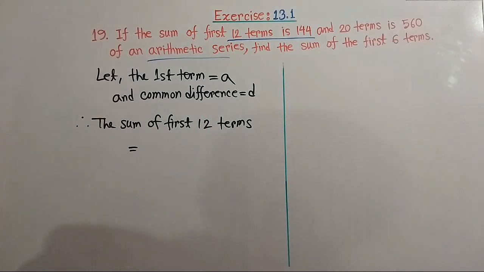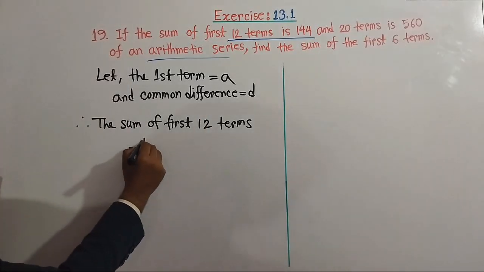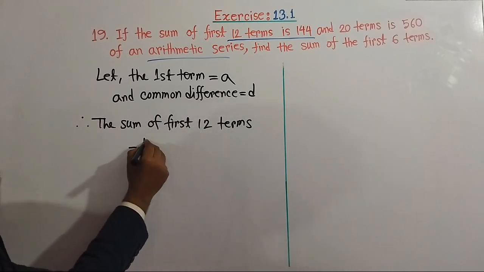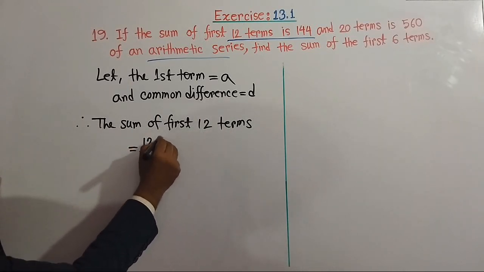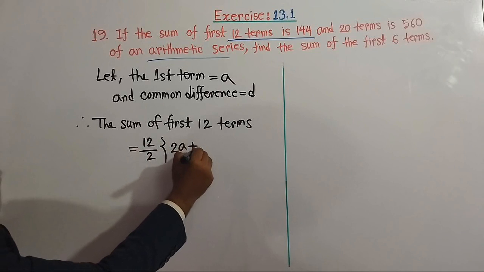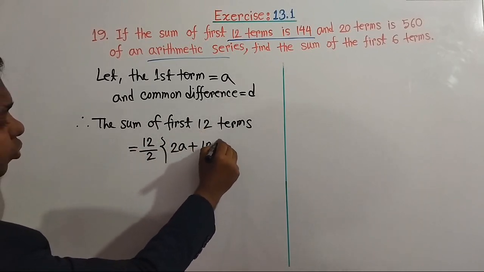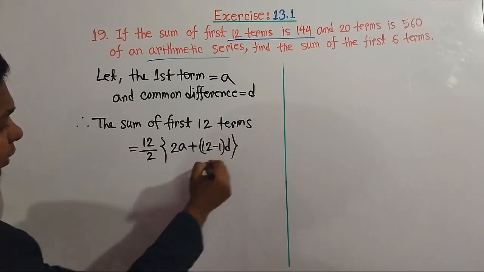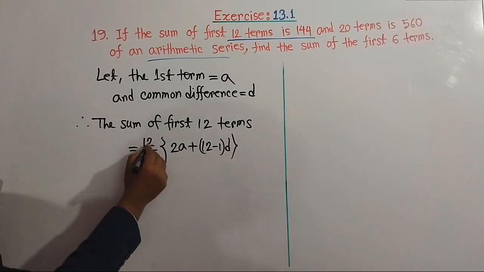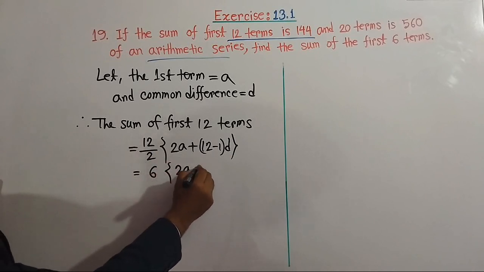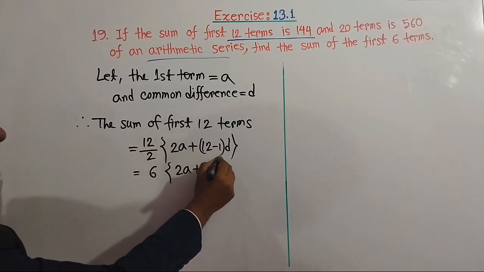By using this formula, we will get n by 2, where the number of terms is 12. So 12 by 2 into 2a plus 12 minus 1 into d. Then by simple calculation, 12 by 2 equals 6, so 2a plus 11d.